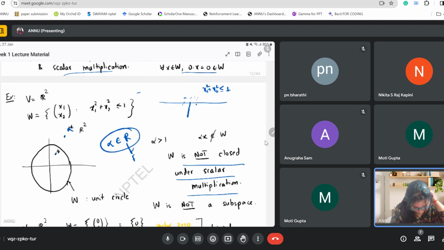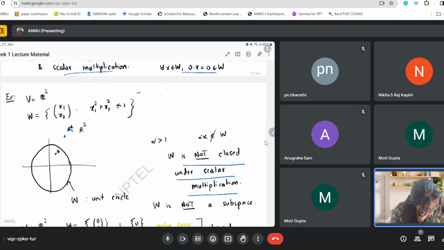Let us see this with one example. Suppose we have (1, 2) and (3, 4). So 1 square plus 2 square.